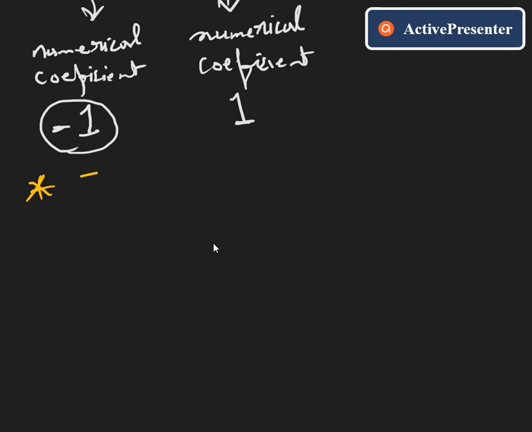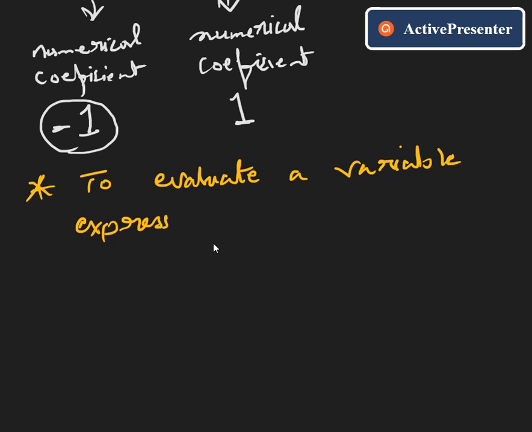To evaluate a variable expression, replace the variables by their given values and then use the order of operations agreement to simplify the result.